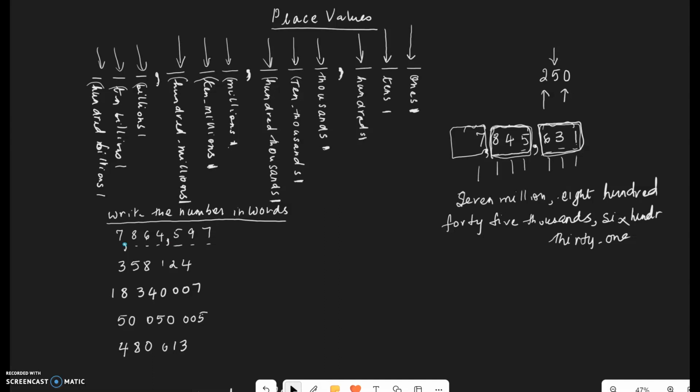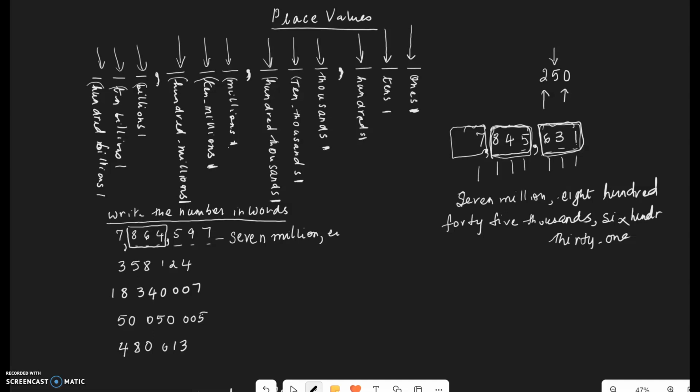So now we're going to write down the number in words. So you know it's in the millions. So start with 7, and the first comma starting from the left is millions. 7 million. We put a comma because we pause. Then read this number just as you would.